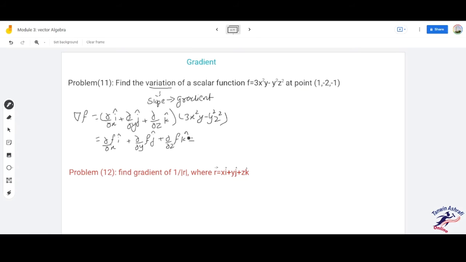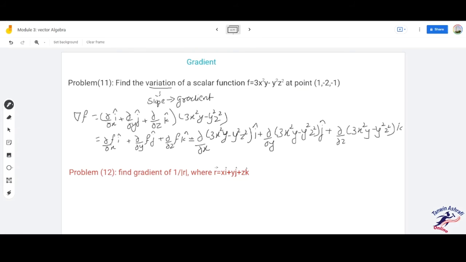That leads us to ∂/∂x of (3x² y minus y² z²) i cap, plus ∂/∂y of (3x² y minus y² z²) j cap, plus ∂/∂z of (3x² y minus y² z²) k cap.